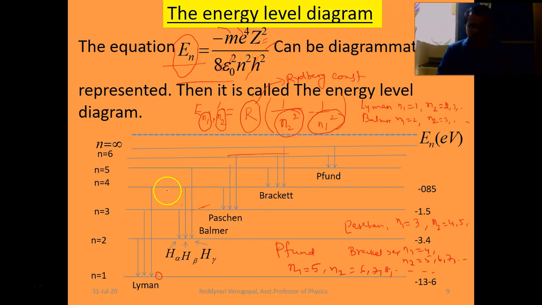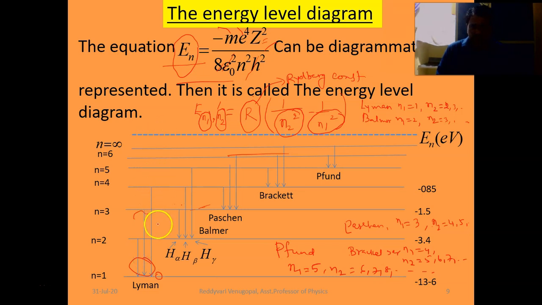So just observe this diagram. This is the Lyman series. In the Lyman series, the transition should happen from any higher energy level to the n is equal to 1 orbit.